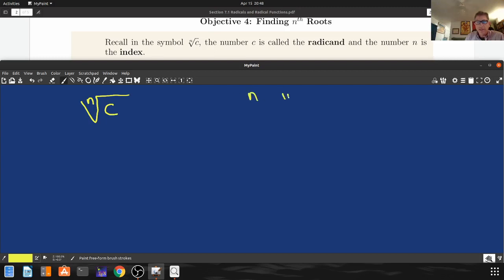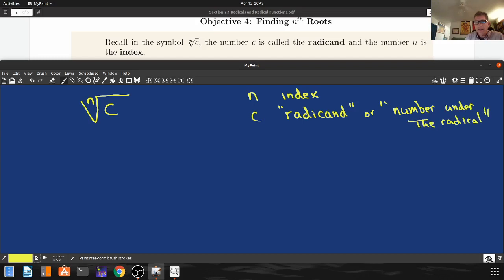N is called the index. C is called the radicand, but I will probably not use that term. I will rather use the term number or expression as fit under the radical. And that gives you a clue that this symbol right here is called the radical.